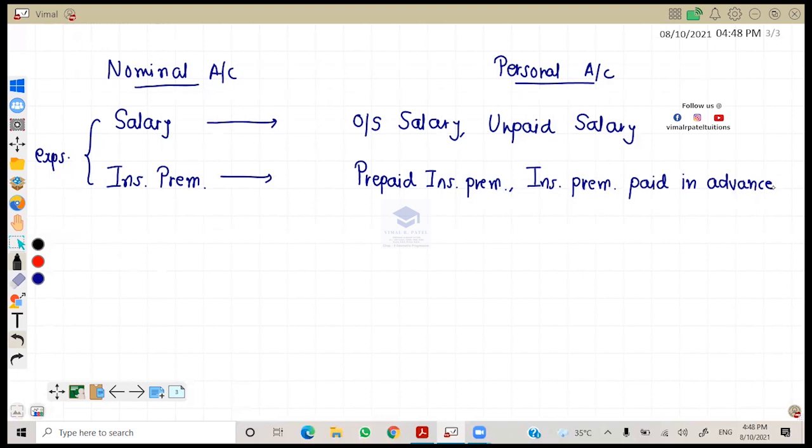Then any income like rent received, this is income.